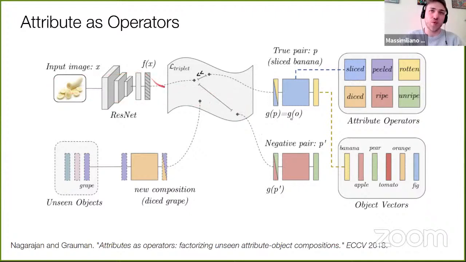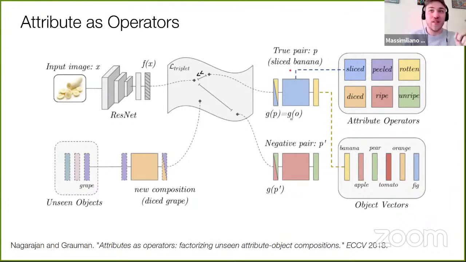Again, you have the image projected here, and then you take the object representation and your state operator matrix, and you project everything in the shared embedding space. You want to minimize some sort of loss, in this case triplet loss, to make sure that images and their corresponding compositional embedding are closer with respect to any other random embedding.